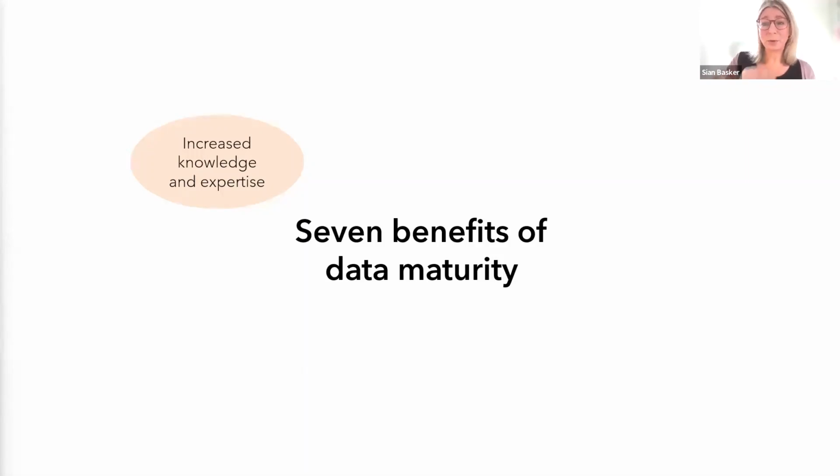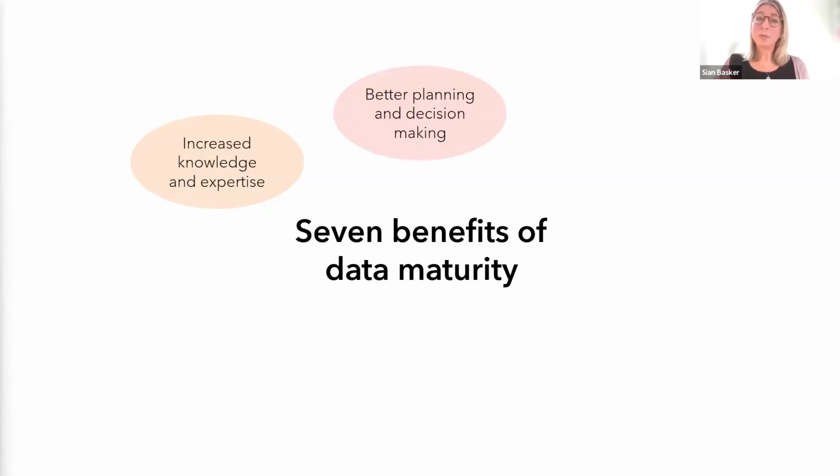And by using data more effectively and building your data capabilities, you've got an extra resource that is working for your cause in providing insights, enabling you to measure and understand, and providing you with more evidence to support the organisation. And probably the biggest and best benefit that we see is better planning and decision making.